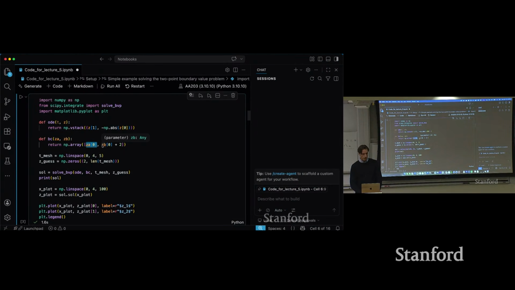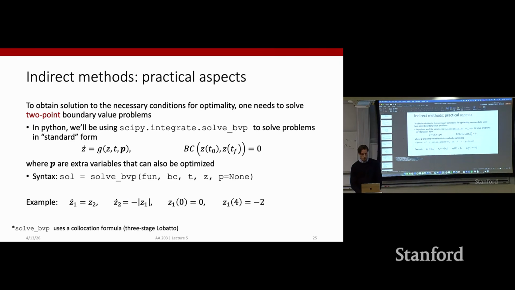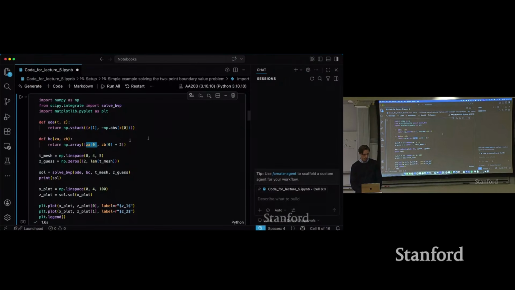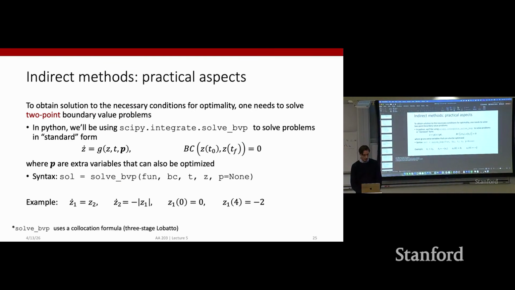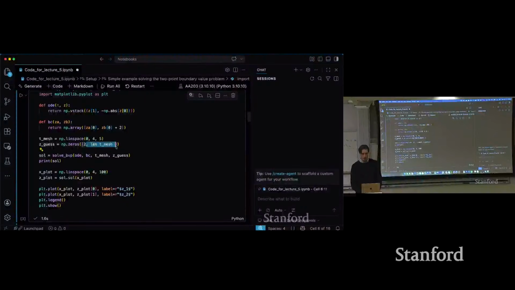And then we have ZB0 plus 2 equals 0, because we have to express them in residual form, which is what we have here. Now we construct the T mesh, which is just a set of numbers that informs our discretization of time, in this case from 0 to 4, and we assume we have 5 bins between 0 and 4. And Z-guess is just an initial guess of our variables at those times.